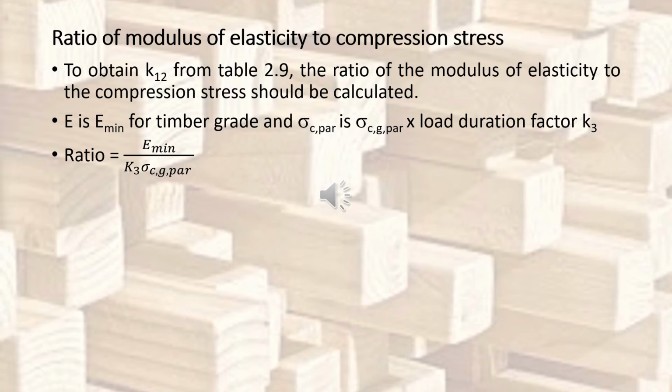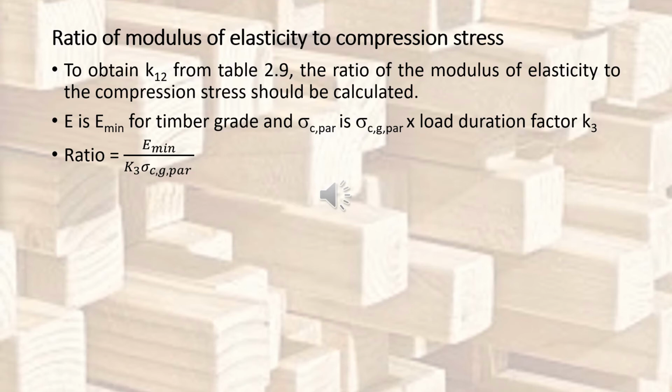Ratio of modulus of elasticity to compression stress. To obtain the modification factor K12 from table 22, the ratio of the modulus of elasticity to the compression stress should be calculated.